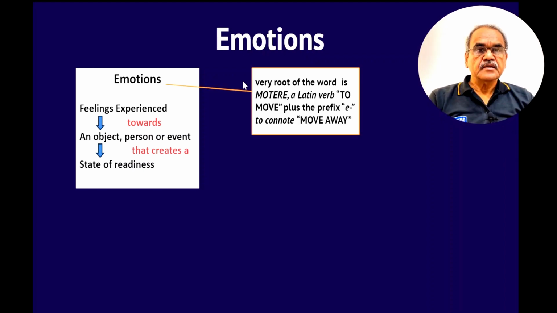All right, the word emotion, the very root of this word is motere. It is a Latin word. It means to move, and the prefix e connotes move away. So the entire meaning is moving away. So emotions are some kind of signals that are available in your system, and emotional intelligence is the ability to recognize those signals and act accordingly.